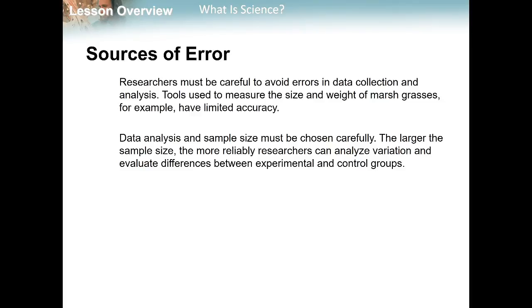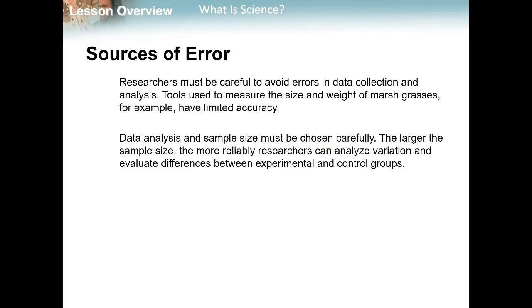So our tools that are used to measure the size and the weight of the marsh grass can be limited for their accuracy because of the type of tool we're using. It can be limited because of our skill at using some of those tools. So we have to consider any sources of errors that might exist.